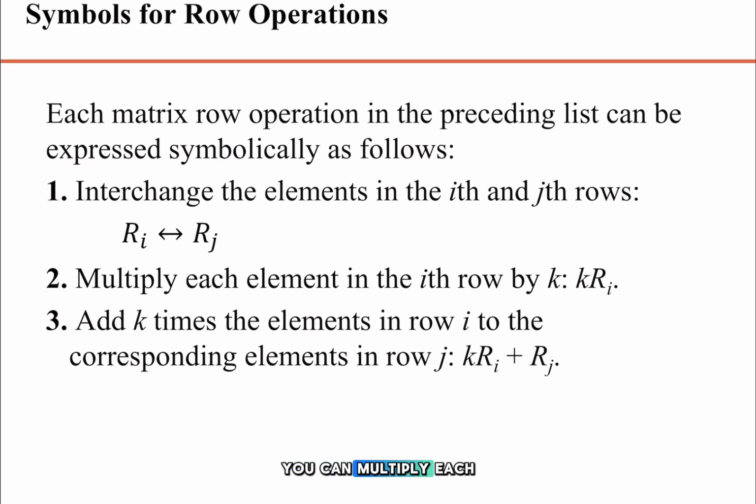You can multiply each element in the ith row by a scalar, or a number. You can add k times the elements in row i to the corresponding elements in row j. So this is saying I can multiply a number to row i and then add it to row j. But normally we say where it's going to go, so normally we have an arrow and we say, and I'm just making this up, it could go to row j.